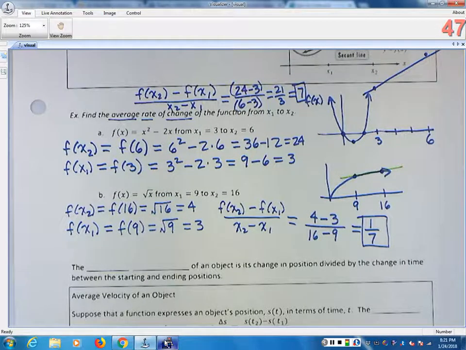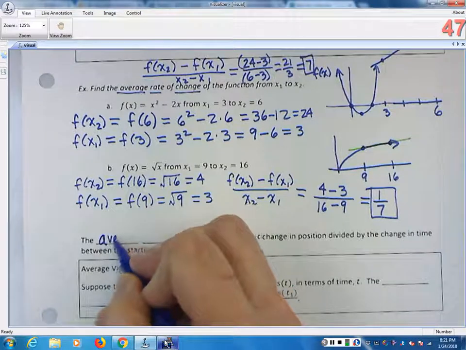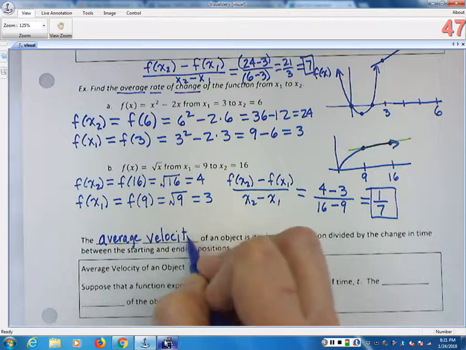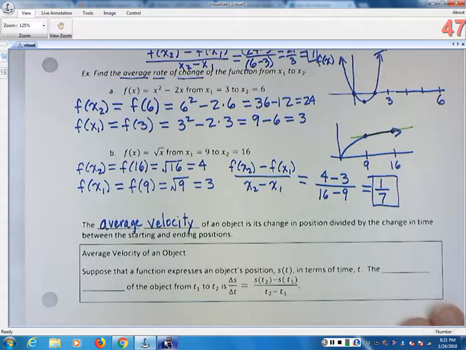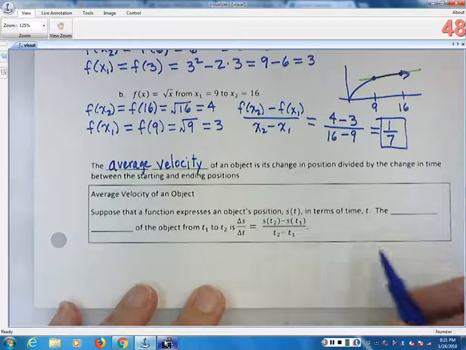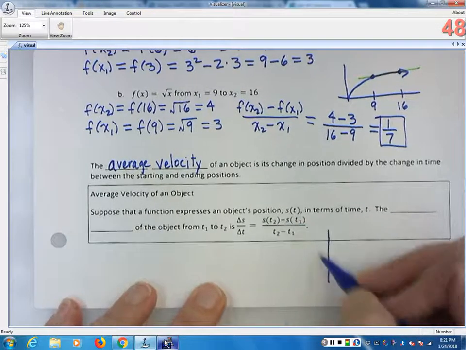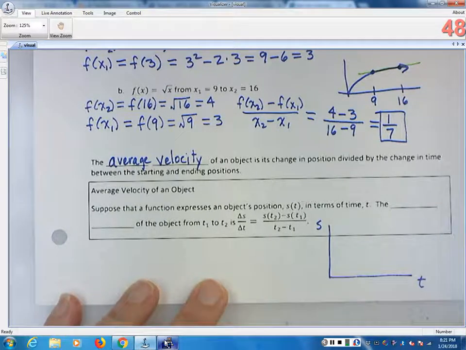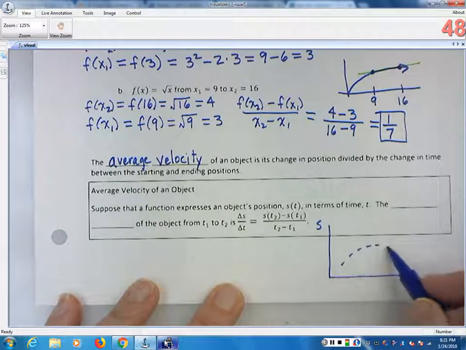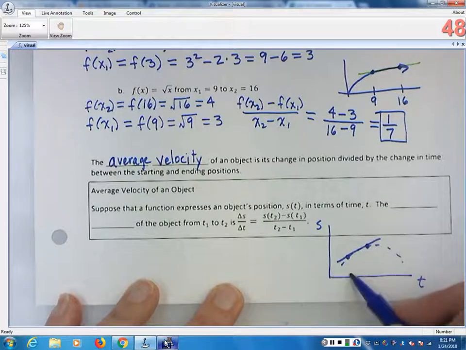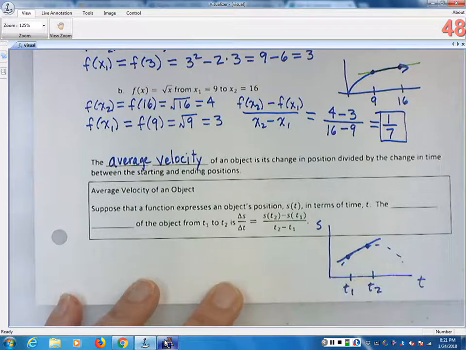And the last thing is for physics, the average velocity. We'll just fill these in. It works the same way. In physics, we have a position function, s, and here's what it looks like. Instead of y here, we have an s, and we have time. And so if you threw an object and wanted to find the average velocity from this time to this time, you use that formula.